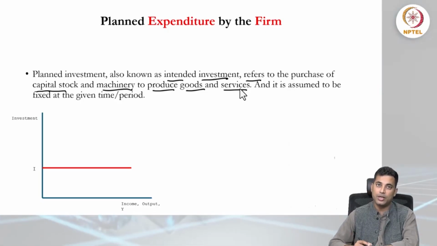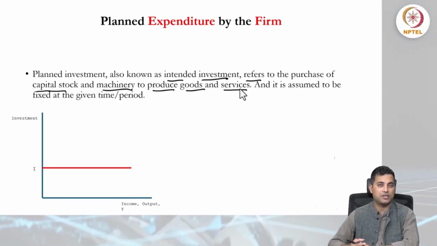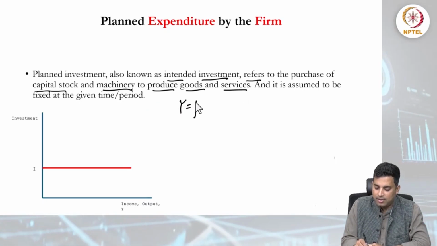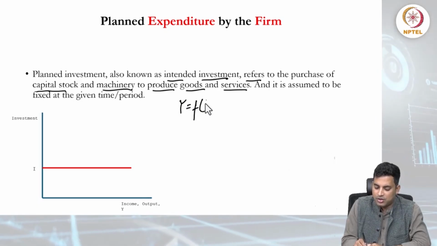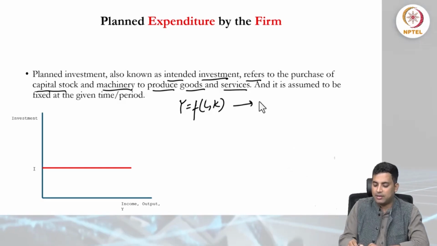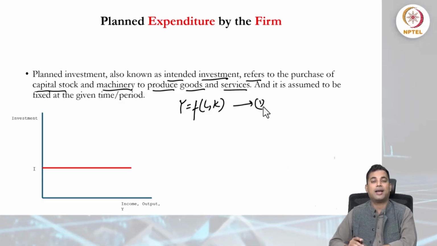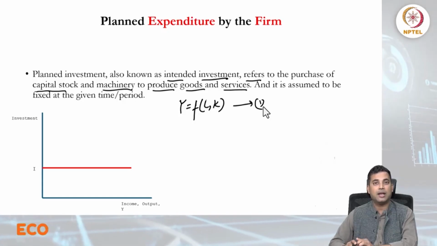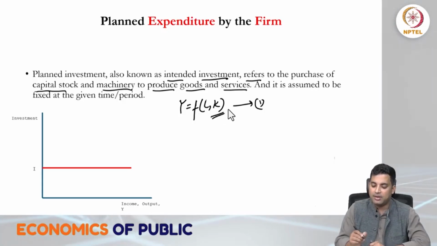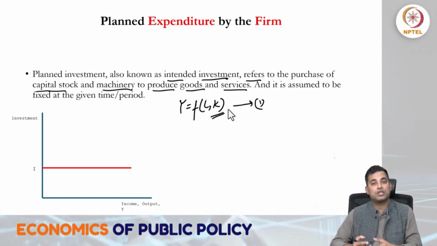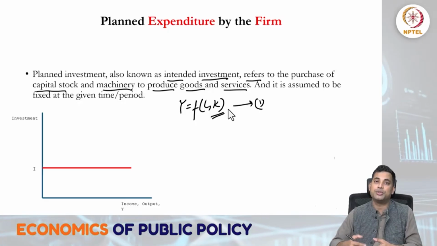As we already know, firms have a production function, which is a function of labor and capital. Here we have kept only two variables, labor and capital, and this capital encompasses the purchase of capital stock and machinery to produce goods and services.